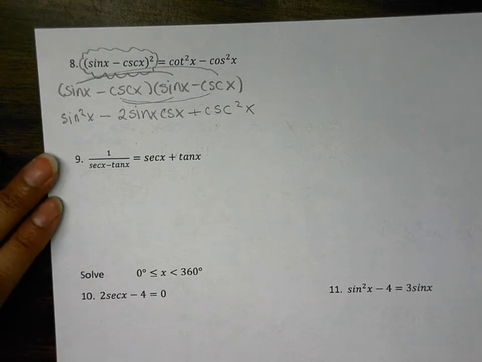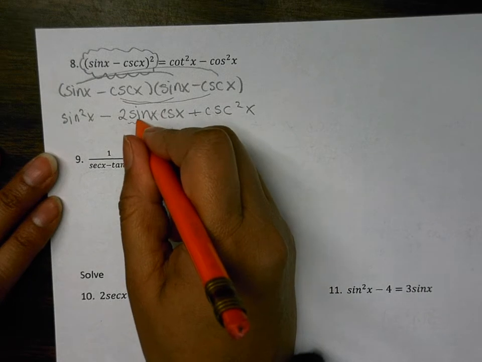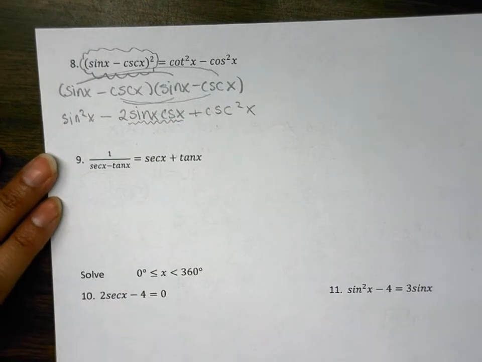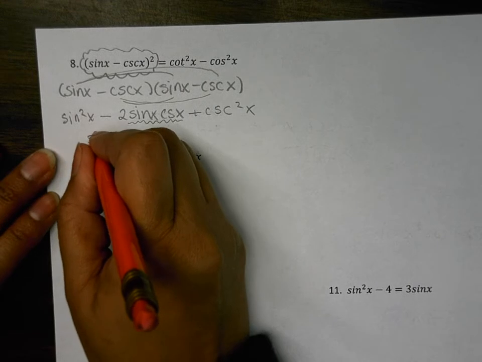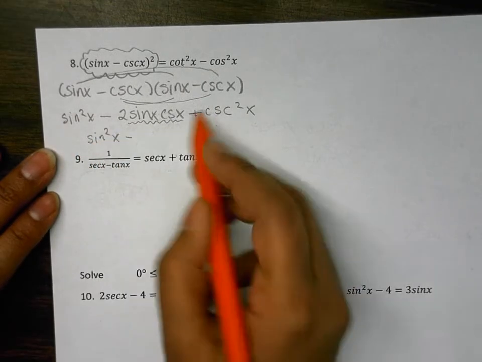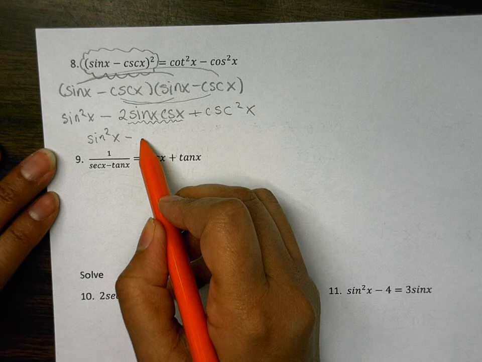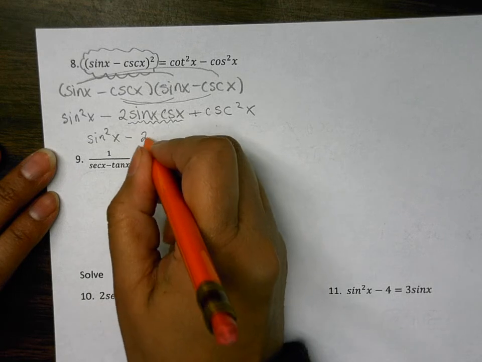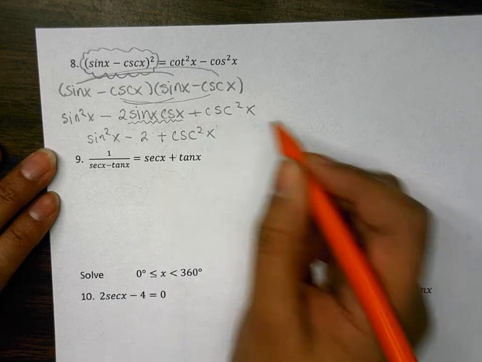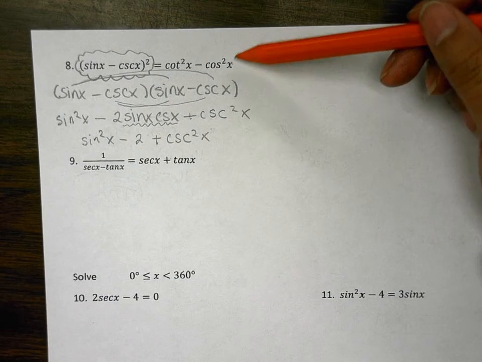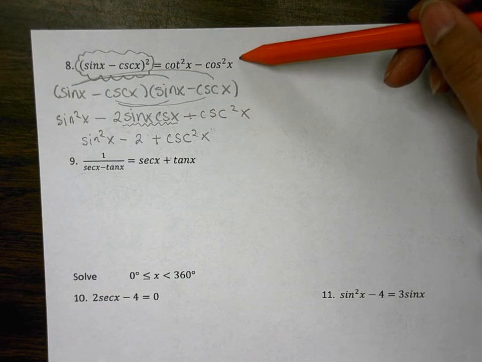All right, any suggestions? Okay, so you're saying these right here are reciprocals. Do you guys agree? All right, so I have sine squared x minus, what if this is 1, what am I left with? 2. Good job. Minus 2 plus cosecant squared x.